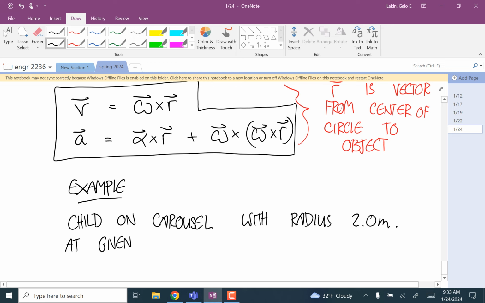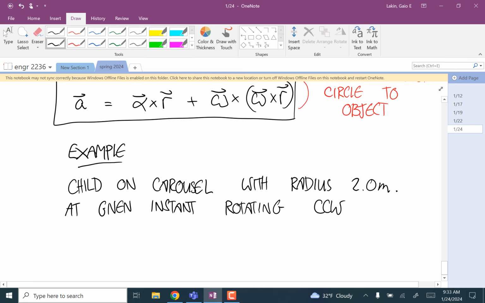At a given instant, it's rotating counterclockwise with an angular speed of 2.5 radians per second.